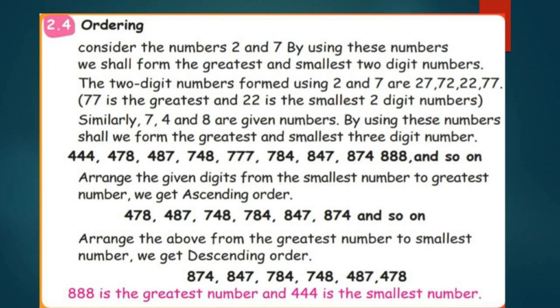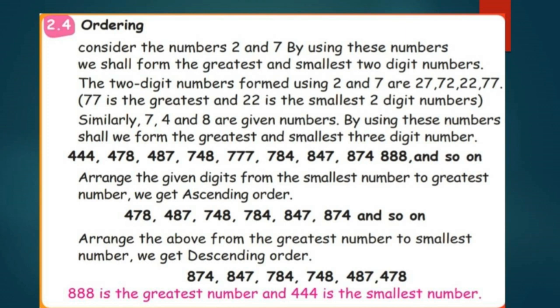The 2-digit numbers formed using 2 and 7 are 27, 72, 22 and 77. In this number series, which is the greatest number? Yes, 77. And which is the smallest 2-digit number? Yes, this is 22.